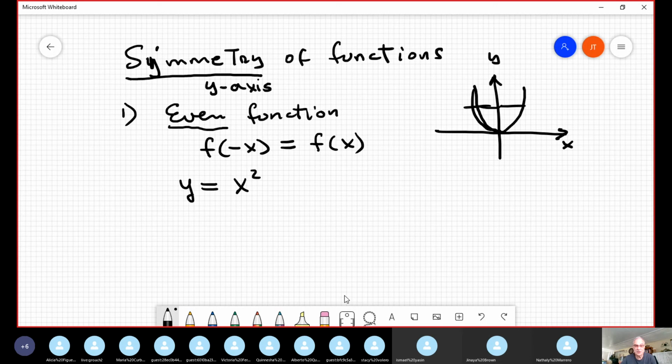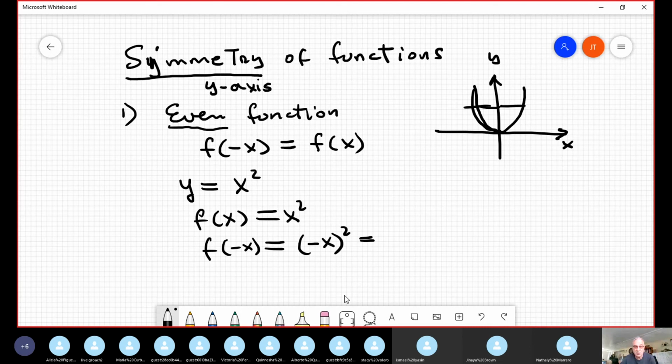Entonces, to prove algebraically that this is an even function, in the function notation, you replace x for negative x. Entonces es (negative x) squared. Well, this is like a minus 1. Entonces (negative 1) squared and x squared, no?